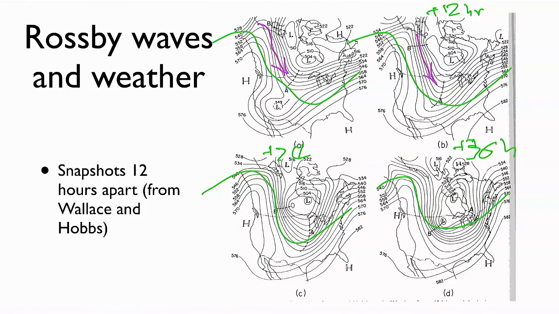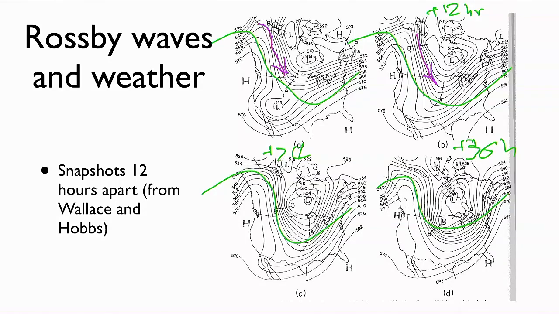But that's relative to the medium in which the wave is sitting. They're all Doppler shifted because they're all in a flow that's moving to the east. So if the wave is fast enough, it can stay in place and the air just goes past it, right? But if it's slow, it's going to get pulled backward. So what's happening is this big Rossby wave is basically stationary over this 36-hour period.